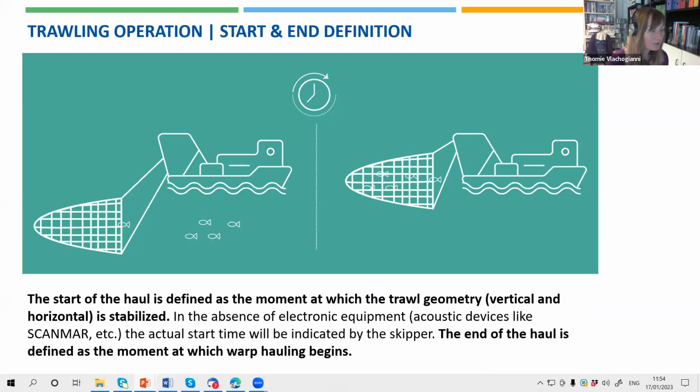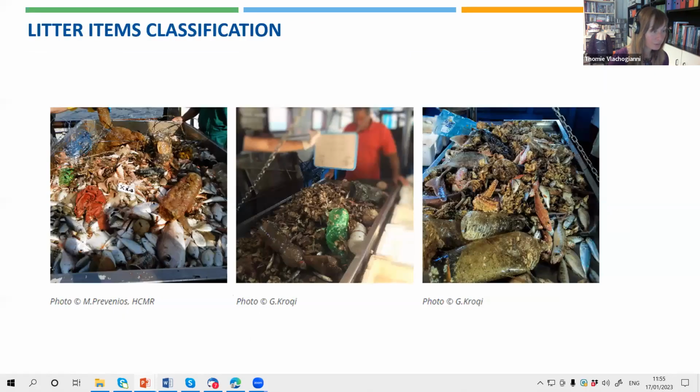And in this figure, you can see how the start and end of the trawling operation is defined. Once the haul is inserted into the water, this is considered the starting point of the trawling operation, and the moment that it is pulled up is defined as the end of the trawling operation, and this should correspond to 30 minutes of duration.